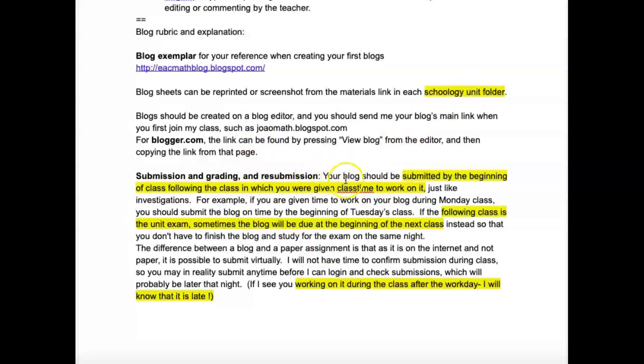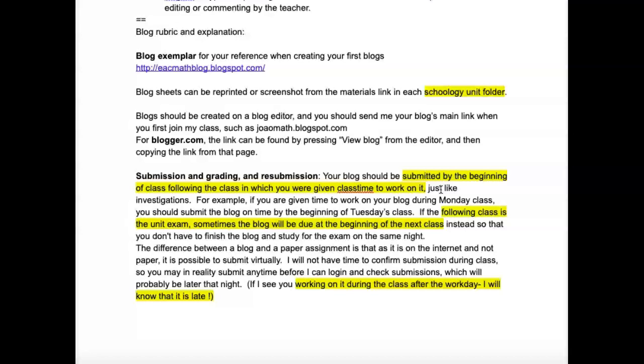So first thing under submissions and grading and resubmission is you need to submit the blog at the beginning of class, after the class you were given class time to do it. My philosophy is that by the time we get to the class following the class where you were given time to do it, your blog should be done already, right? It should have been done during the class I gave you time to work on it, as long as you use the time wisely, or maybe you had a little bit that you needed to finish up afterwards, which is fine, but you should have it done at the beginning of class where it's due, okay?